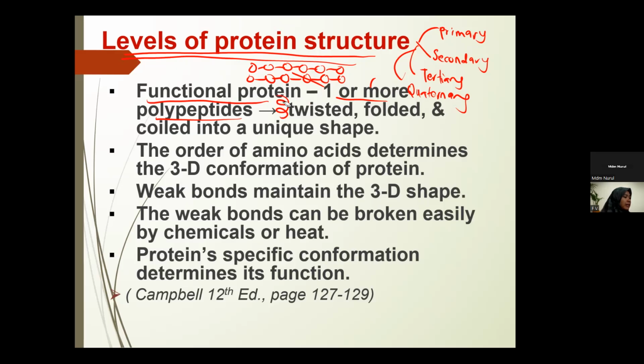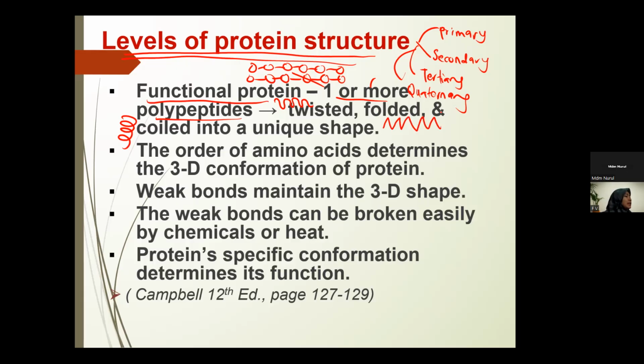Okay, twisted ni lebih kurang masuk dengan coil ni. Coil, apa maksud coil? Belengkar. Twisted dia macam ni. Okay. Coil, belengkar. Ni coil. Alright. Folded, berlipat-lipat. So, bentuk dia lebih kurang macam ni.